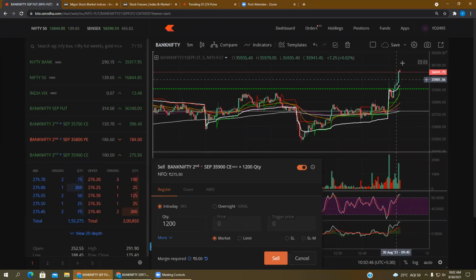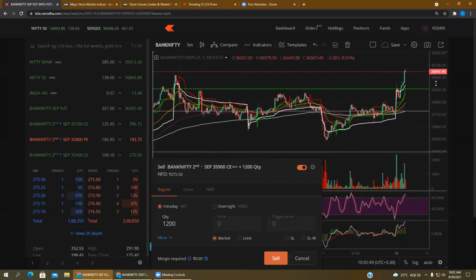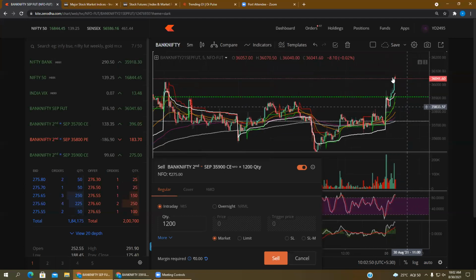I was looking for a follow up on this candle, which is not coming yet. So I was waiting for this candle to close as a solid green candle.